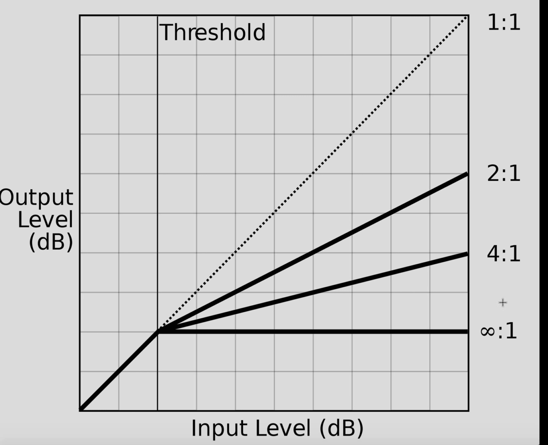And finally, the graph shows us an infinity to 1 compression ratio, which is going to more or less completely flatten the signal for every decibel of increase in input level. It's going to reduce it infinitely. In other words, it's just going to cap it. It's a roof. It's not going to allow it to do anything beyond the threshold level. Okay?